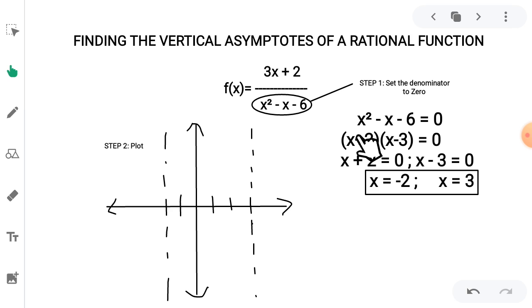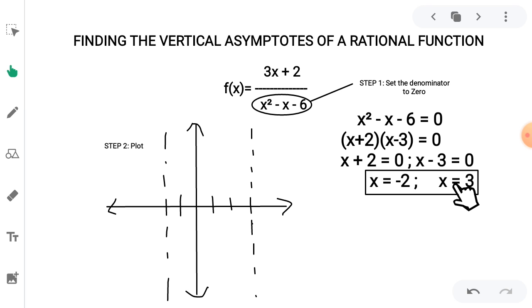The factor of x squared minus x minus 6 is x plus 2 times x minus 3. Then we apply the zero product property. So x plus 2 is equal to 0 and x minus 3 is equal to 0. Transposing positive 2 to the right side gives us negative 2, and transposing the negative 3 to the right side gives us positive 3.